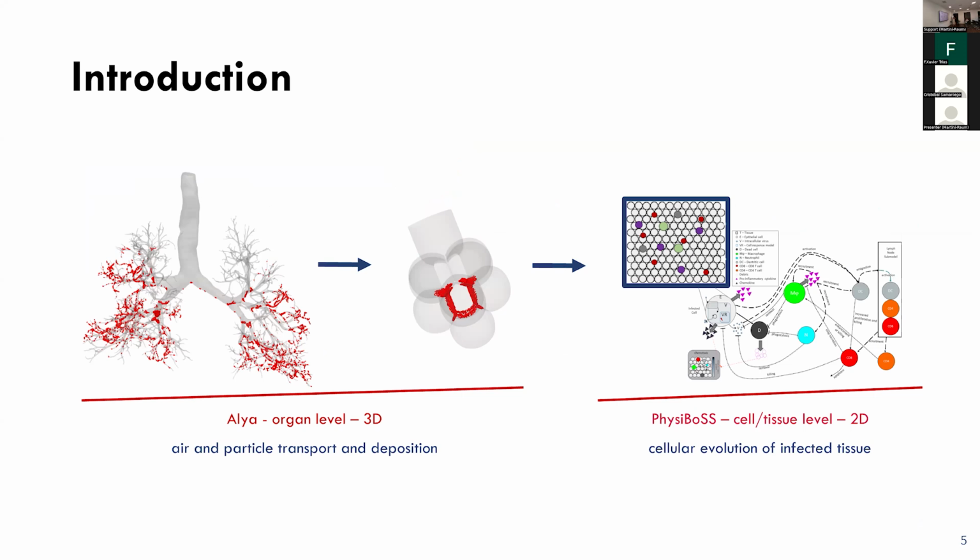First we simulate and obtain the position map, as I showed you before, for the organ level. And then this is the input for a cell level simulation that tries to simulate the evolution of this infected tissue.